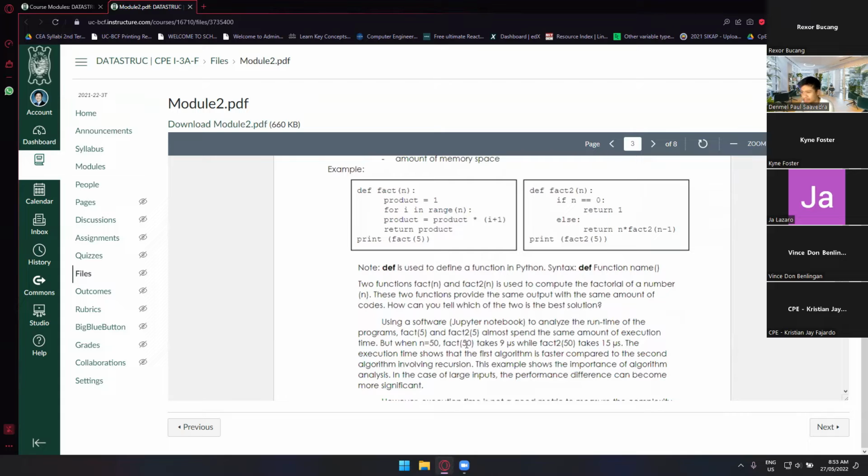Okay, actually, it's just a microsecond. We won't even be able to notice the difference between those two. Okay, but of course, with correct application, correct software testing, correct runtime testing, you'll be able to check that this one only runs 9 microseconds and then the second one runs 50 microseconds.